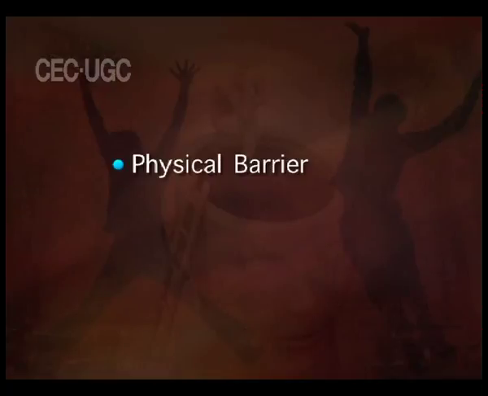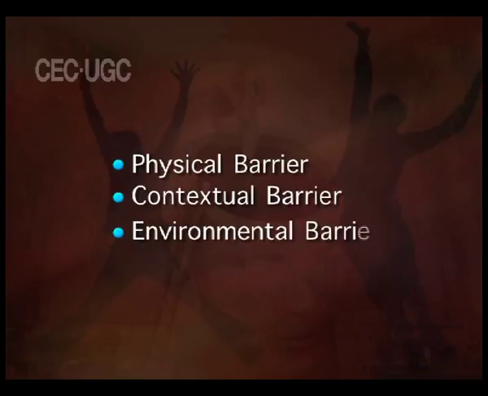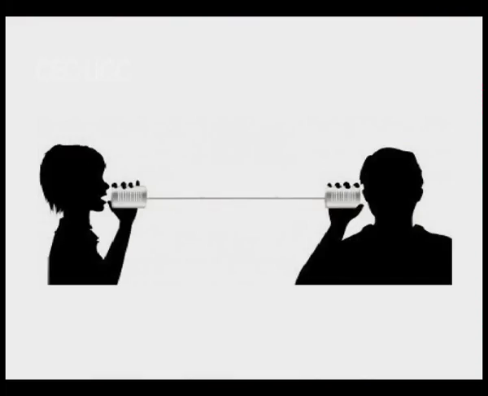Barriers can also be categorized in terms of where it originates from. That is, it could be a physical barrier, contextual barrier, or environmental barriers. When we talk about physical barriers, we are referring to the things which are physically present around us. Individual barriers refers to barriers related to the people in the context, be it the sender or the receiver.